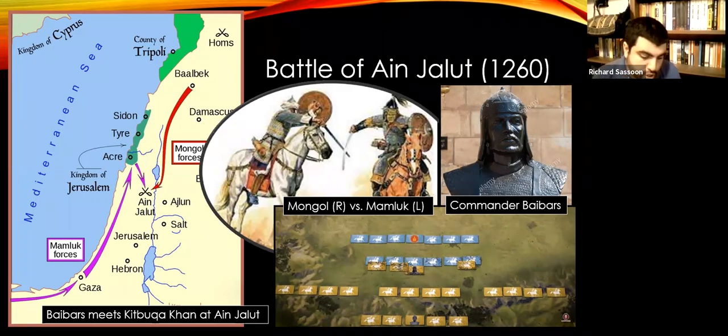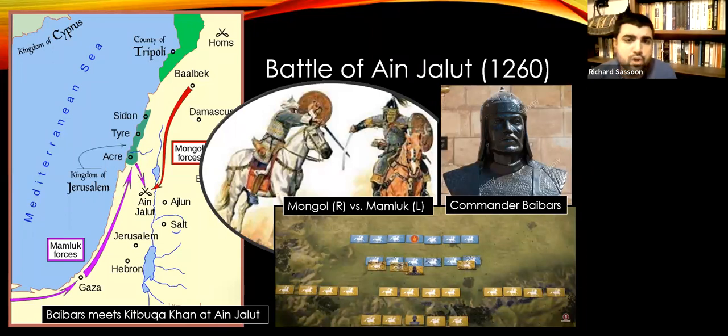Because Hülegü was out of the area, he left Kitbolka, that Nestorian Christian general, with 2 tumens, 20,000 men, to guard the areas that had been taken. Now, there weren't a lot of grassy areas in the Levant region where the Mongols could keep their horses. So for the most part, he kept his horses in what's now Syria or Lebanon, close to Baalbek. Baalbek is in modern Lebanon, but in that area.